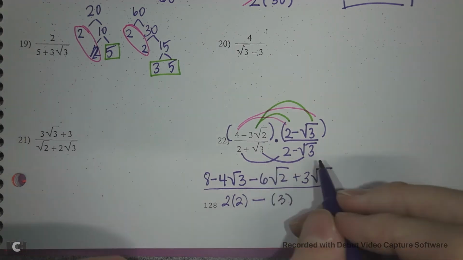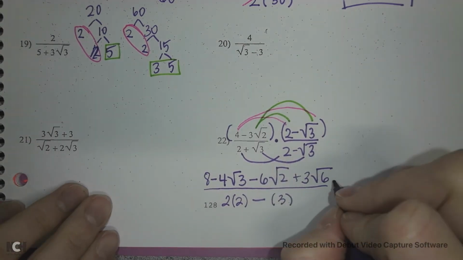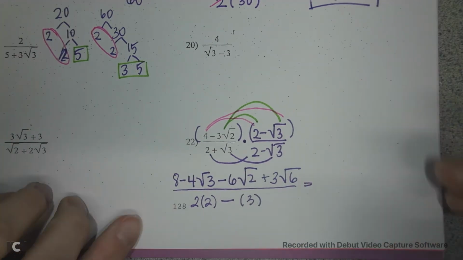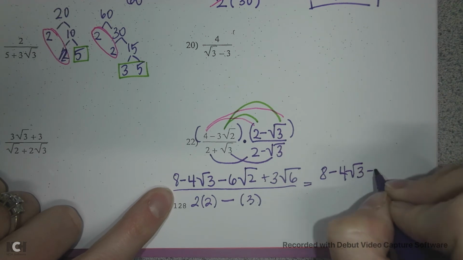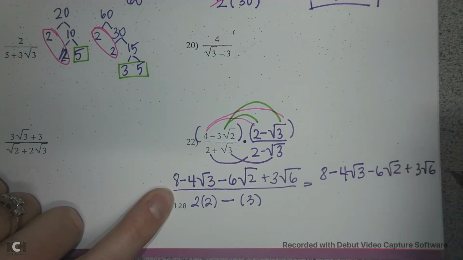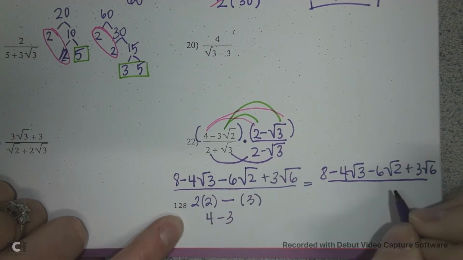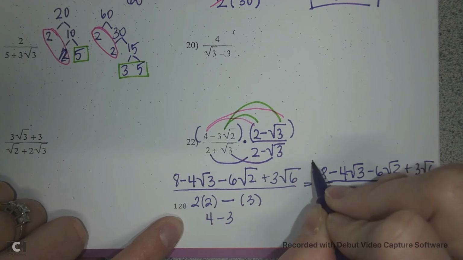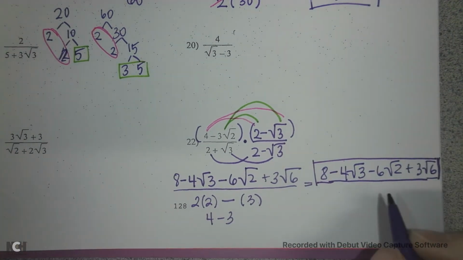But it's a shortcut, so that you don't have to write all of the business that's in between. Just makes it better. On the top, I can't reduce anything. 8 minus 4 root 3 minus 6 root 2 plus 3 root 6 all over, what have we got here? 4 minus 3, which is 1, which I don't need underneath, so I'm just drawing my box around it.